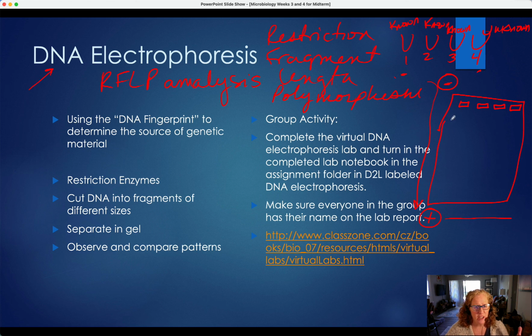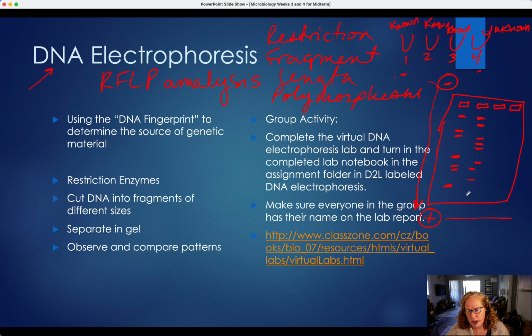So let's just draw in some samples here. I apply my electrical current to my electrophoresis, and this begins to draw my DNA in large fragments across my gel. I can just draw these fragments in here.